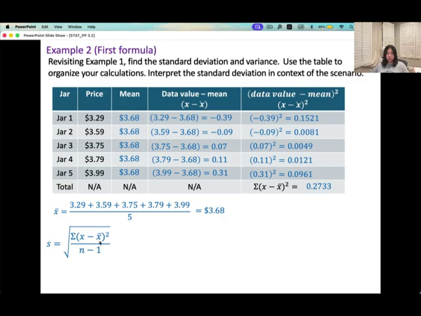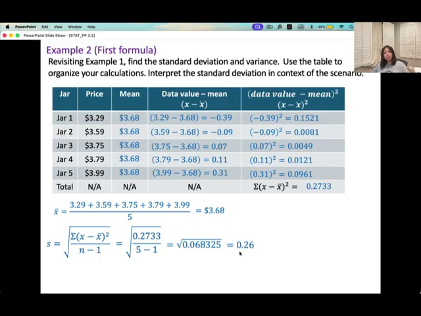So I'm gonna plug in here. And then n will be 5, so divided by 5 minus 1. Use your calculator, you're gonna get this one. And then take the square root, you will find the sample standard deviation will be 26 cents.